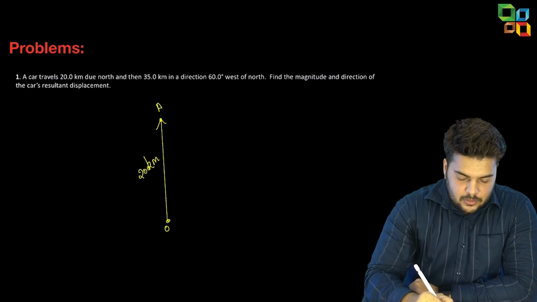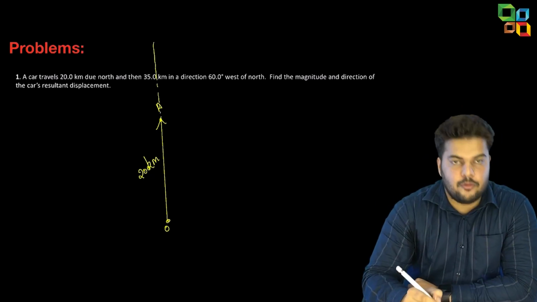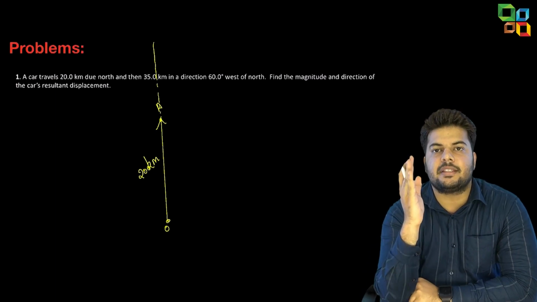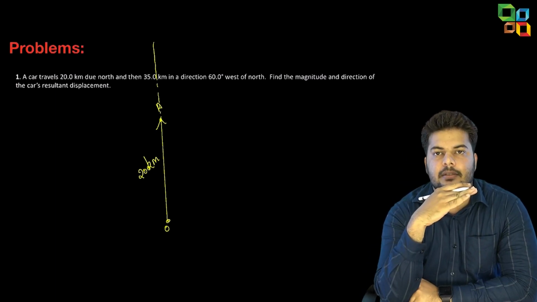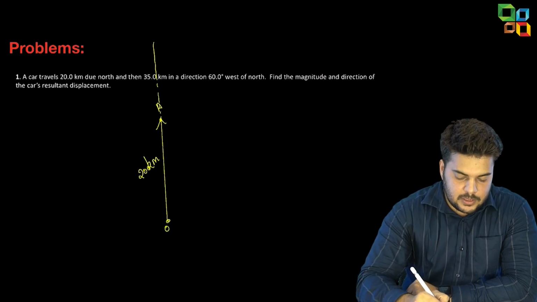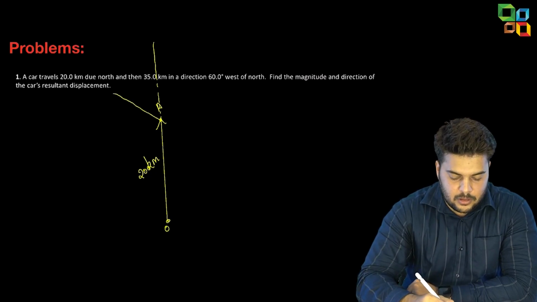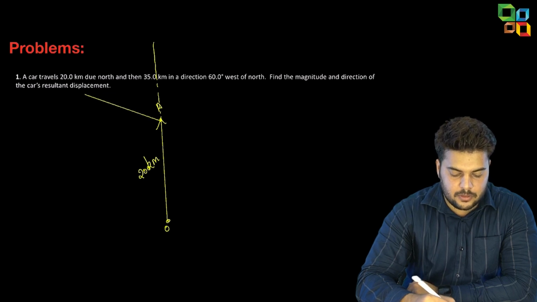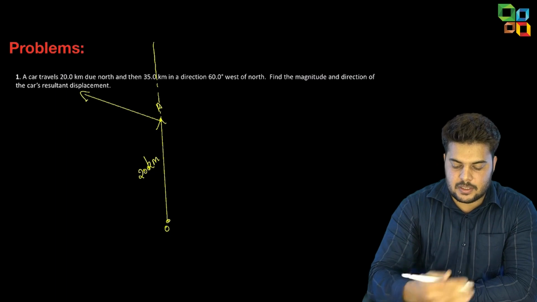So this is the north direction. From the north direction, you have to go towards the west. By how many degrees? 60 degrees. So from the north direction, you go 60 degrees west of north. West means to the other side.